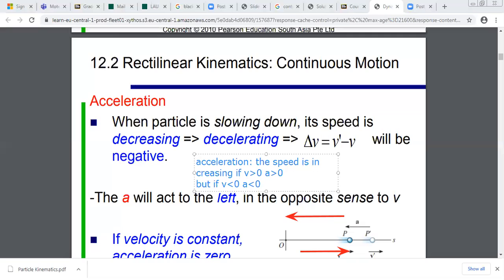So in 1D motion, the condition for acceleration is a times v equal to a positive number. They should both be positive or both be negative. And of course, if velocity is constant, then the acceleration is 0.